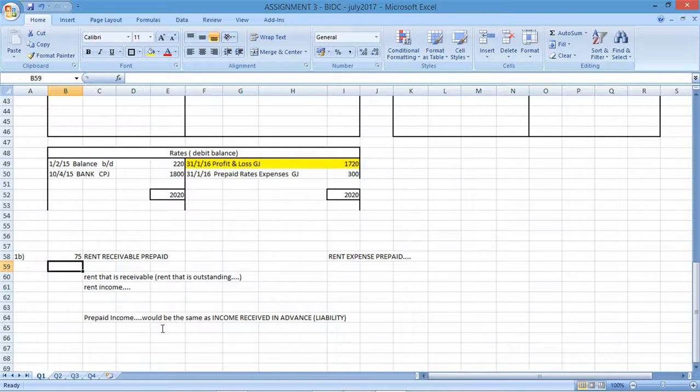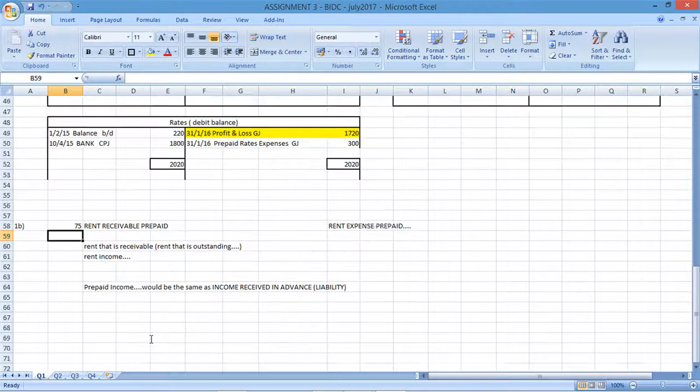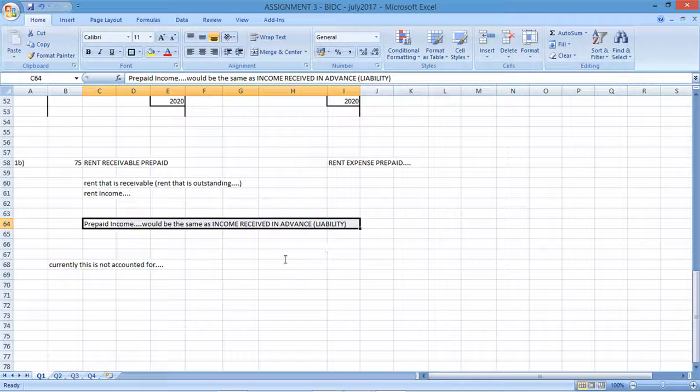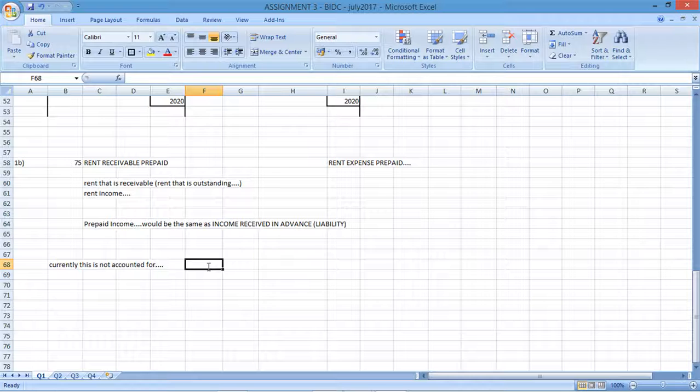So now, having read that, they want to know, state how his capital will be affected when this error is corrected. Currently this is not being accounted for. That means prepaid income or income received in advance is not being shown.